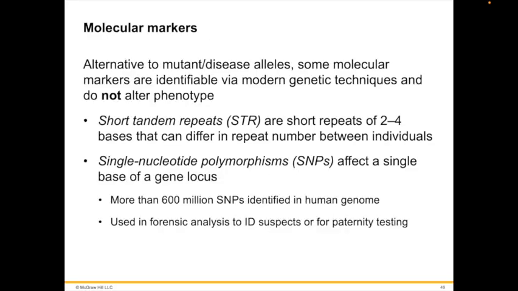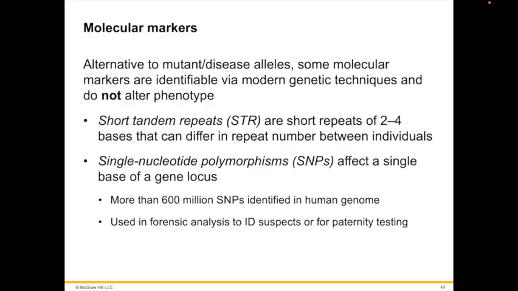Using data from sequencing the human genome allows the identification and mapping of single base differences between individuals. Any differences between individuals in populations are termed polymorphisms. Polymorphisms affecting a single base of a gene locus are called single nucleotide polymorphisms, or SNPs.